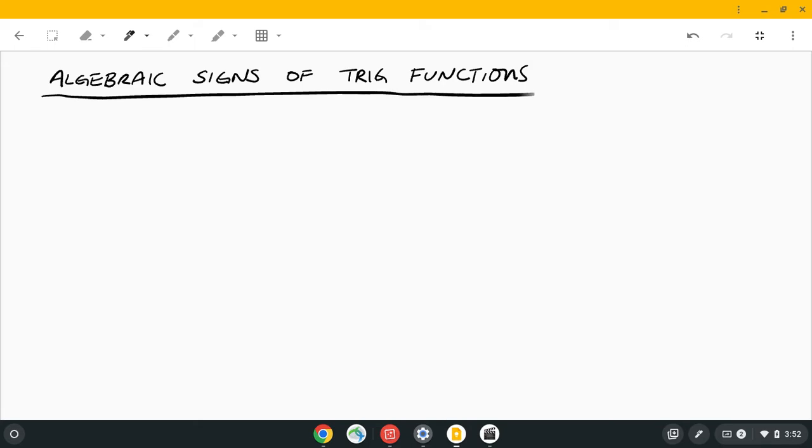So this is a continuation of 1.3. Algebraic signs of trig functions. So we looked at that first definition of trig functions that looks at the different ratios of x, y, and r.